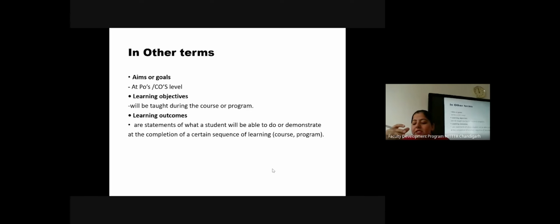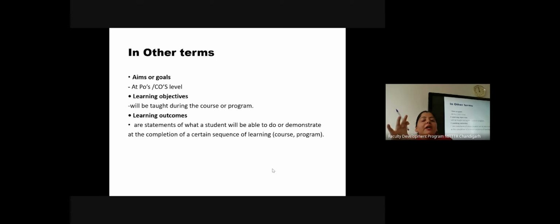Say in computer science and engineering, AI is a new field. There are many new fields entering the technical education system nowadays, and these are the demands of the stakeholders. So whenever we define our program outcomes and course level outcomes, the broader aim and goal of that course need to reflect the demand for this course, maybe in the next 3 years or maybe in the next 4 years.